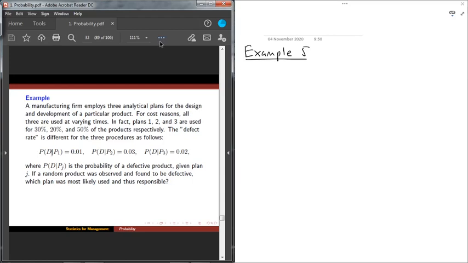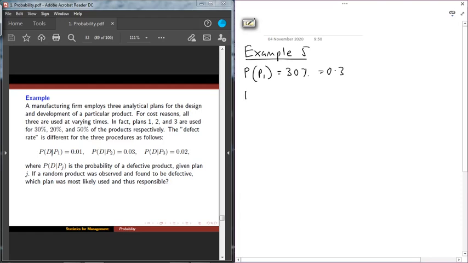First of all, write the information. P1 is 30%, 0.3. P2 is 20%, 0.2.